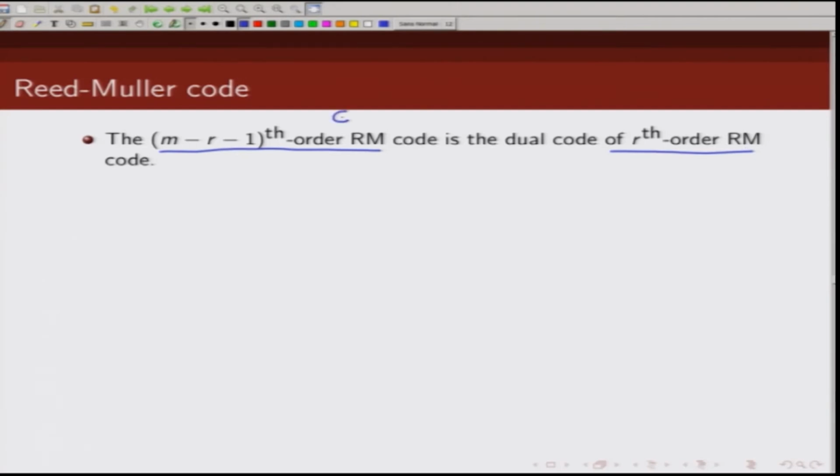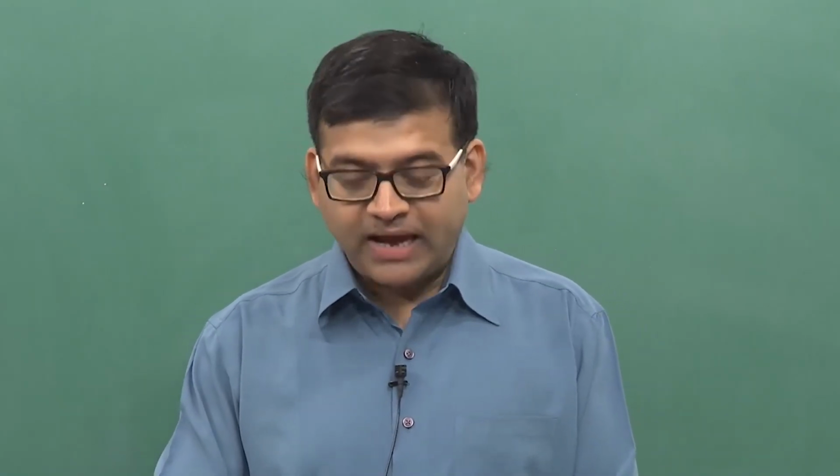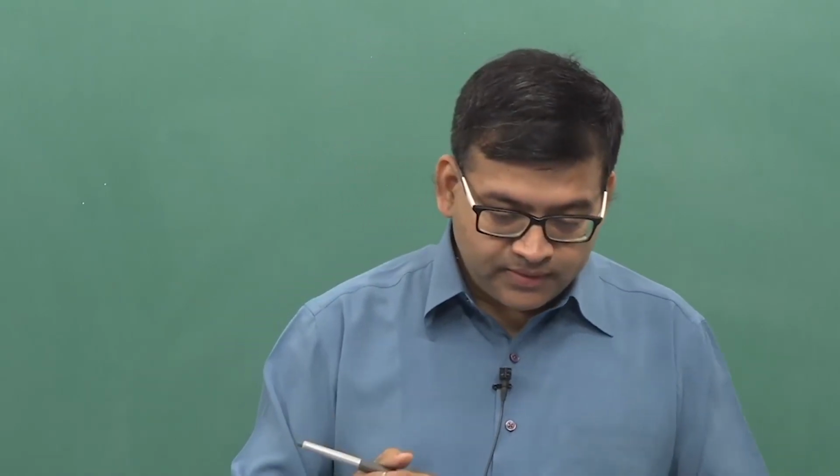So, let us see, this is our original code, then the dual code is given by this. Now, what do we need to show for dual code? If we take a code word from this code and if we take a code word from the dual code, they are orthogonal, right. So, the dot product should be 0.